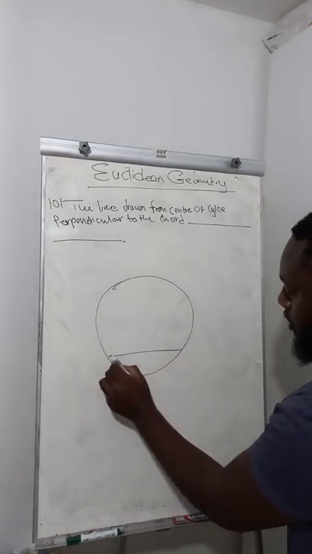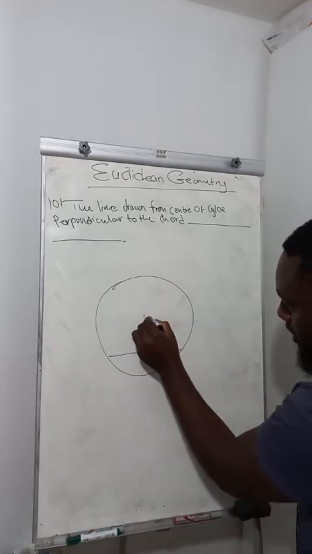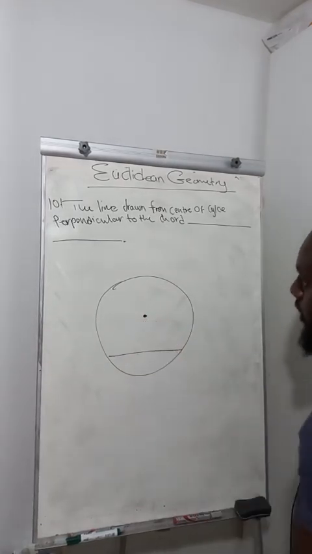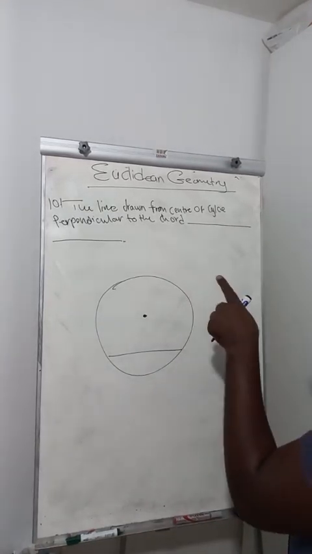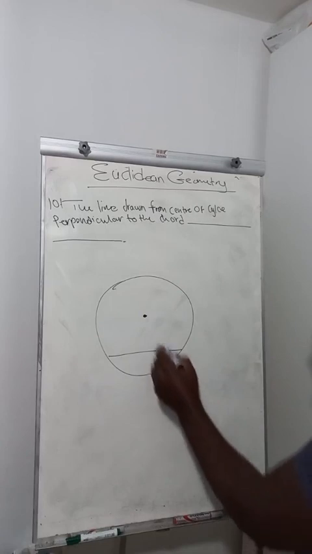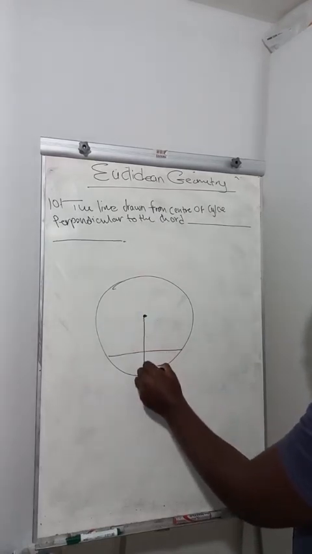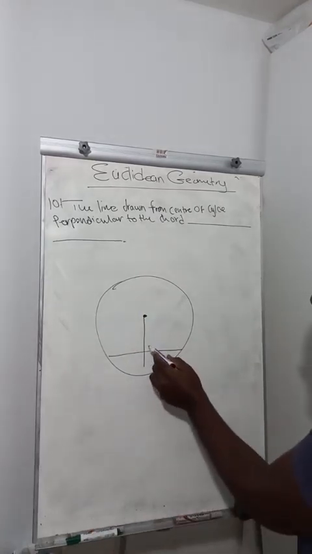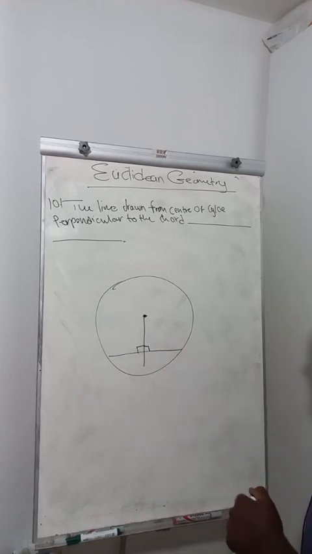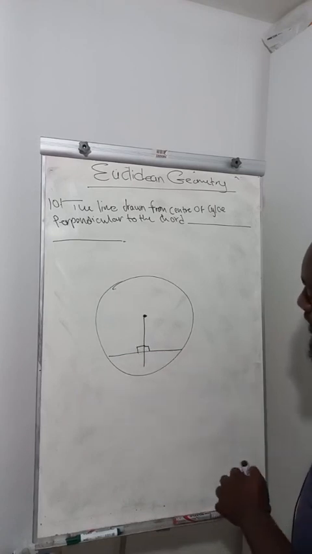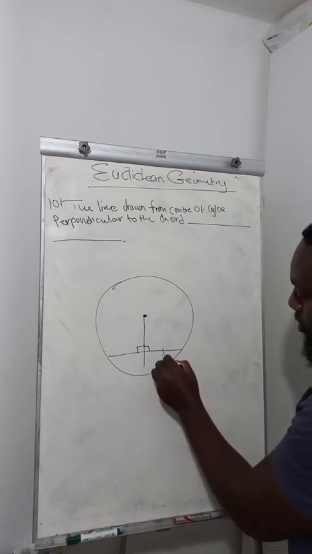So it's something like this. This is a chord. Now this is the center. The line is drawn from the center of the circle perpendicular to the chord. If they say perpendicular, it means it needs to form 90 degrees here. If it's forming 90 degrees, it means that it bisects the chord.